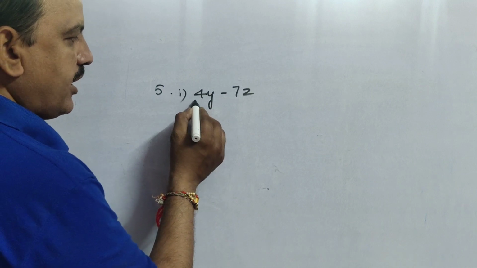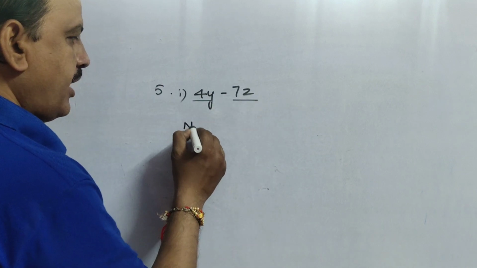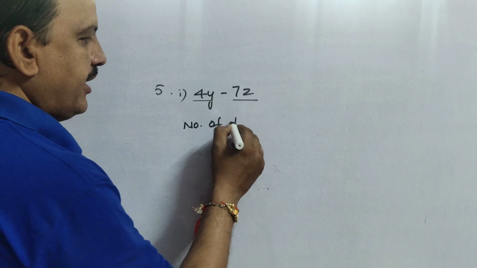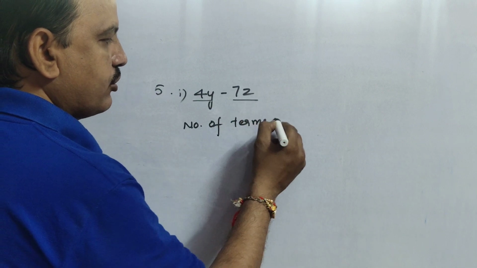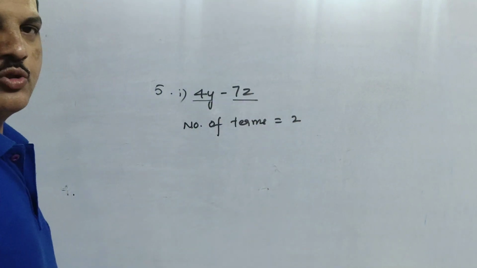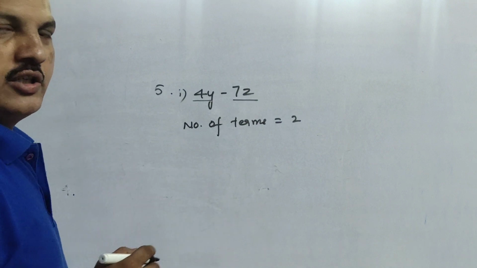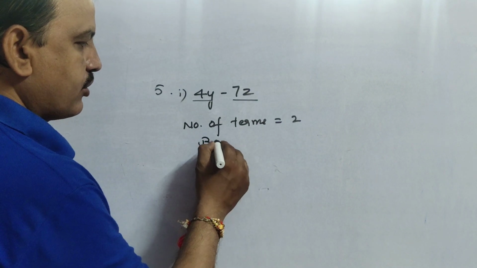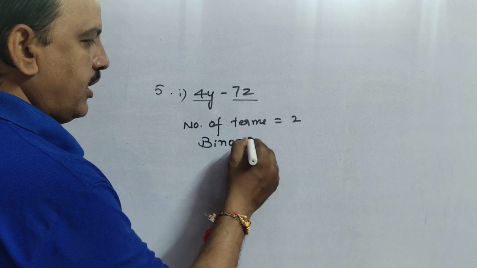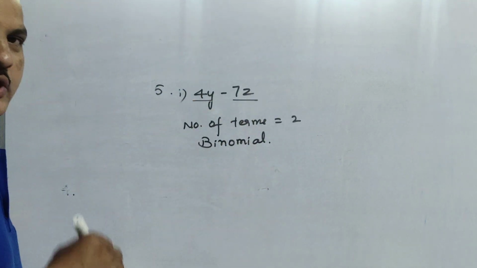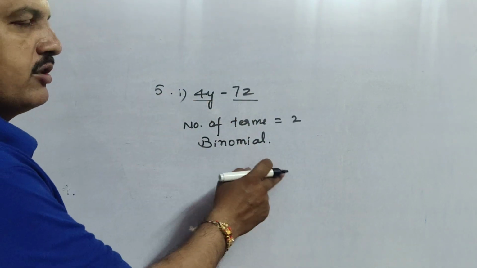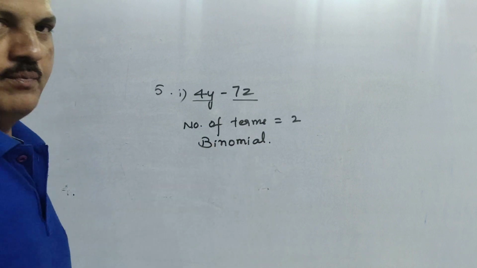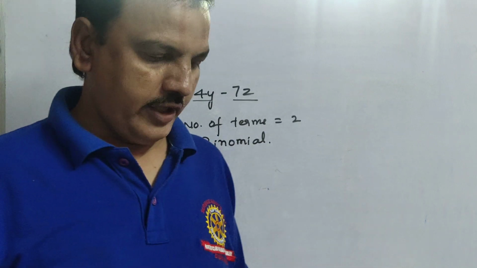How many terms are there? 1, 2. So write the number of terms, then you will get an idea. Number of terms equals 2. Number of terms 2 means we call it a binomial. So write the answer binomial. Like this you have to write. Suppose there are 3, number of terms equals 3, and trinomial. Like that you have to write.